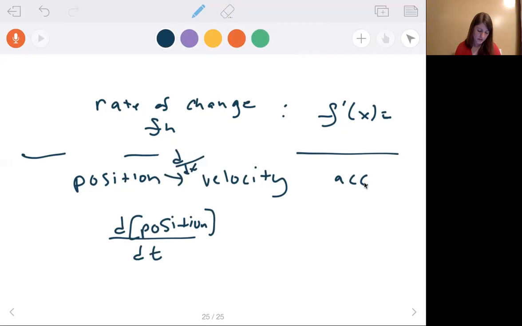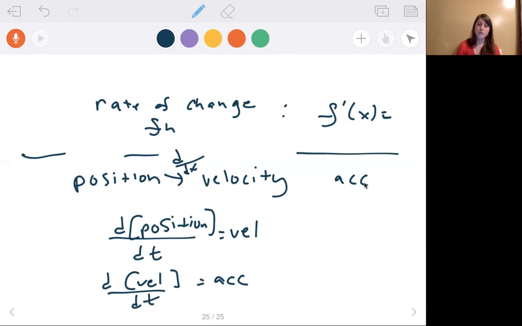But the derivative of position with respect to time gives you velocity. Therefore, the antiderivative of velocity is position. Then, if you differentiate velocity with respect to time, you get acceleration. So velocity is the antiderivative of acceleration.